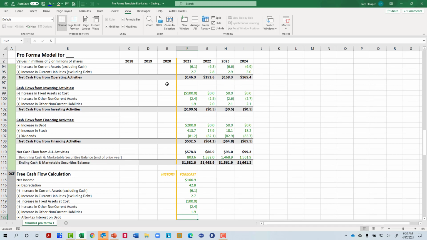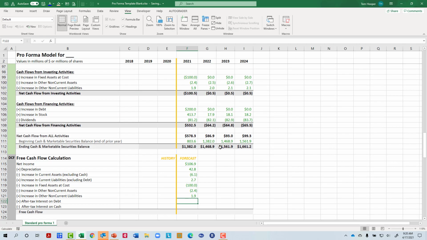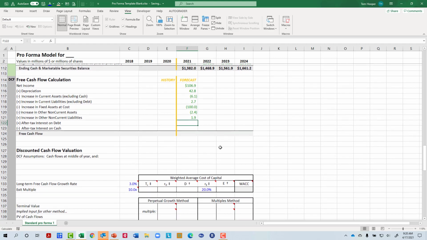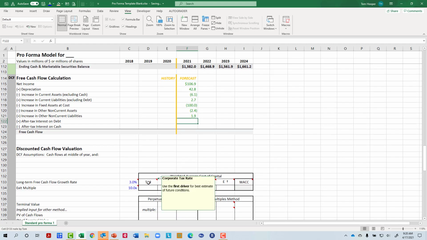And now we need to get the after-tax interest on debt. First, we need a tax rate. So I'm going to come down here and take a step ahead and say our corporate tax rate. For this, we want to use the first driver for the best estimate of future conditions.